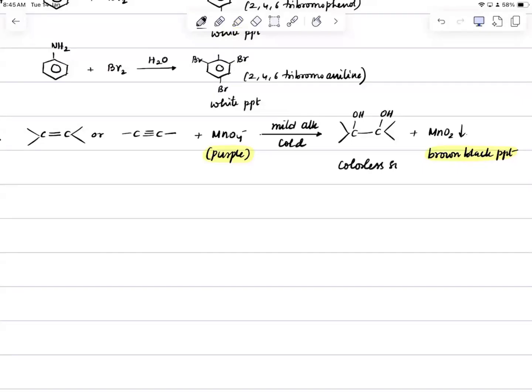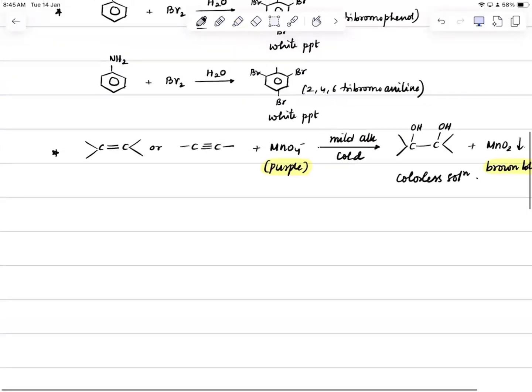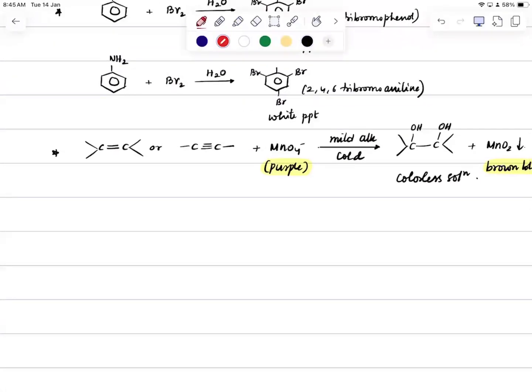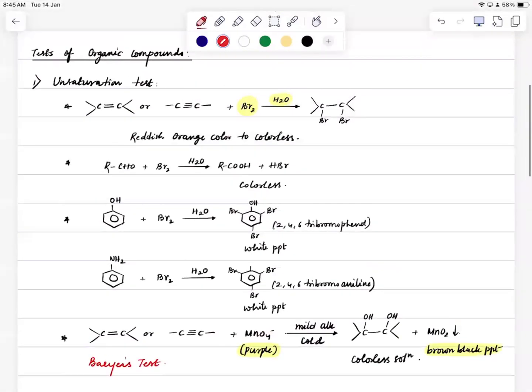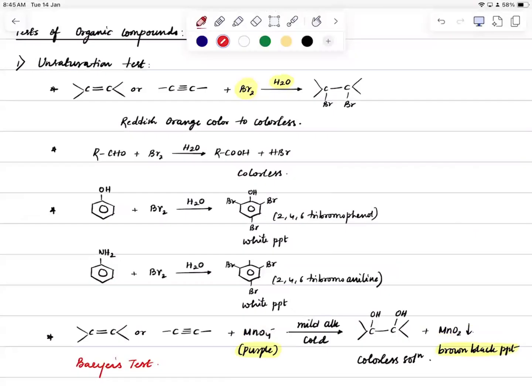So this way, it is going to be identified as Bayer's test. It is also called Bayer's test for unsaturation. Okay, so I hope this part is clear to everybody.